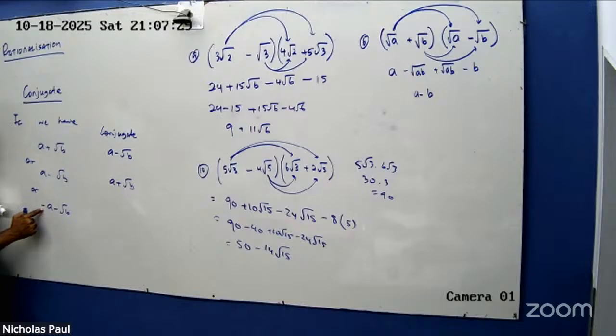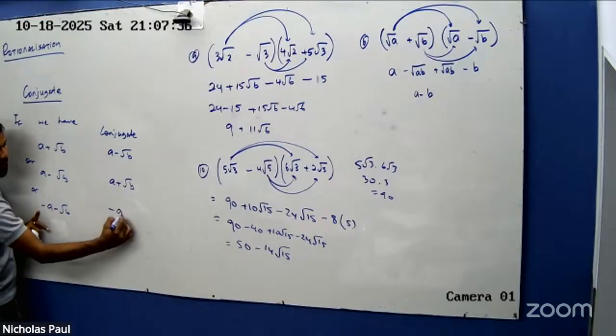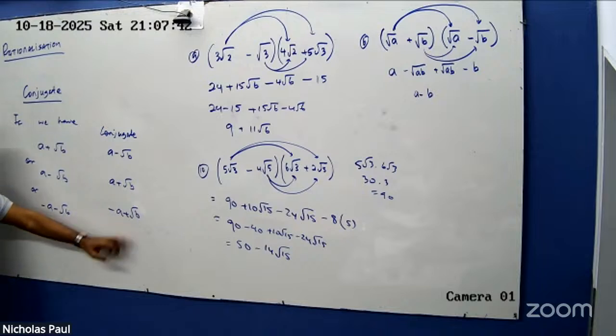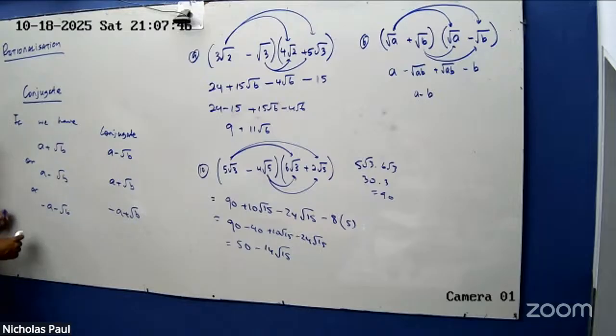Do I have to change the sign here? No, it just changes sign in the middle. So it becomes minus A plus root B. So please remember that, minus A plus root B. So whenever you see conjugate, you change the sign in the middle.